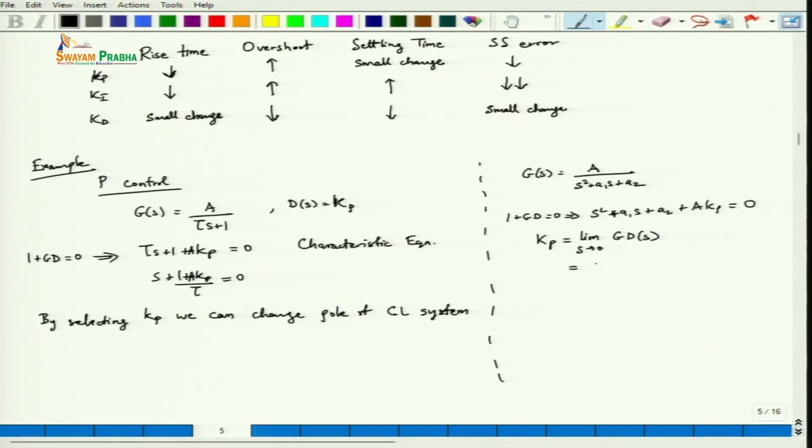In that case, this error constant capital Kp will be equal to the proportional gain Kp times A divided by A2.